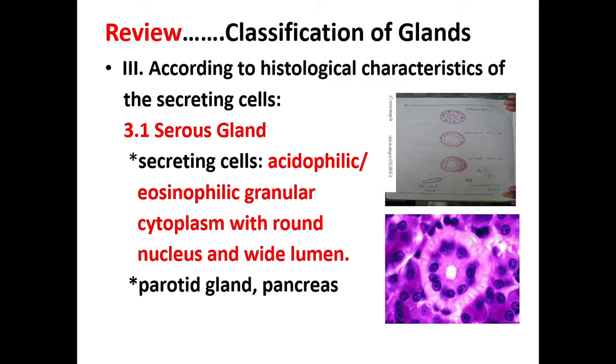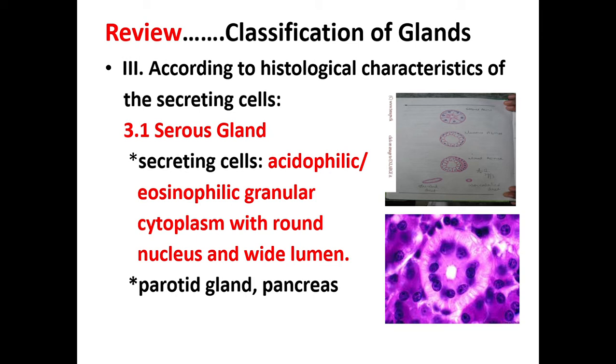The next criterion is based on histological characteristics of the secreting cells. So we have the serous glands wherein the secreting cells are acidophilic. The cytoplasm contains eosinophilic granules with a round nucleus and wide lumen.